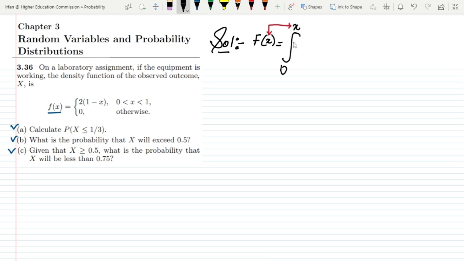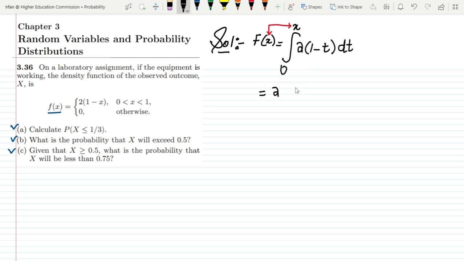Now putting my function here by changing the variable from x to t, what I will get here is 2(1 - t), and now integrating it with respect to t.